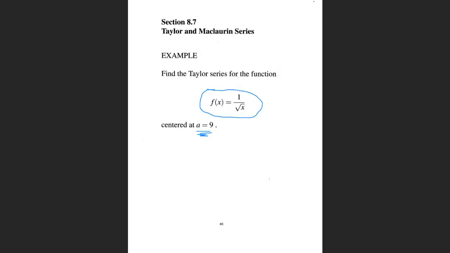Since I'm going to have to find the derivatives of the function, it would make sense to take that function and write it as 1 over x to the half power, or x to the negative half power, before I start taking derivatives. I could use the quotient rule, but it's easier not to if I can use the power rule. So, let's go to the solution here.